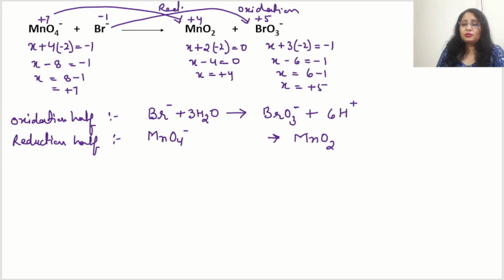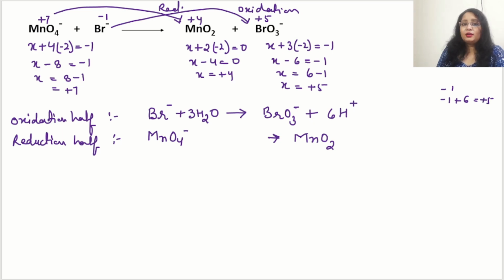On the left hand side there is minus 1 charge, and on the right hand side it is minus 1 plus 6 times plus 1, so plus 6. How much is this? Minus 1 plus 6, that is plus 5.